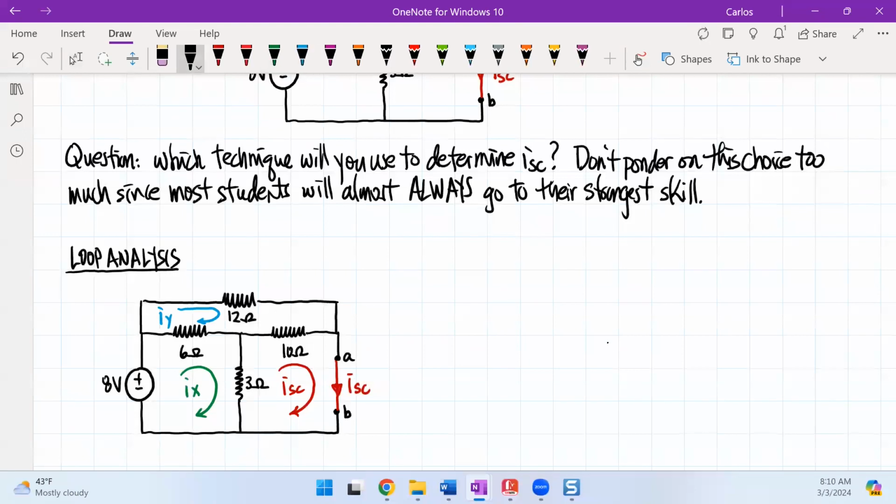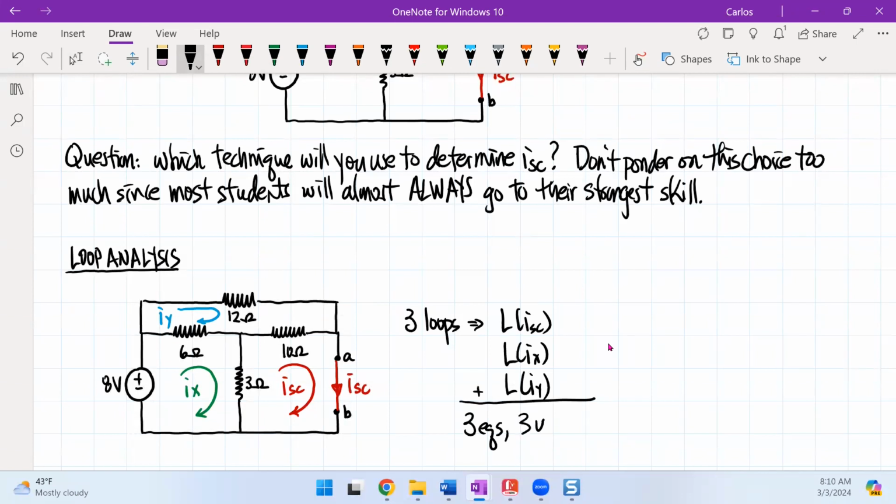So if I do the counting, I have 3 loops, which tells me I have the loop for I short circuit, the loop for IX, and of course the loop for IY. So I now have set up 3 equations and 3 unknowns. So this is what we end up with.